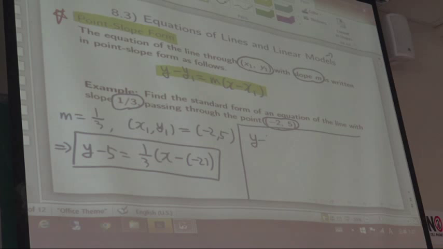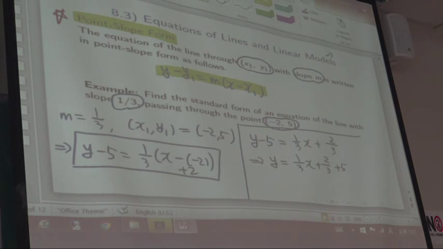So y minus 5 is, if we distribute, this makes a positive 2 inside. If we distribute the 1/3, then we have 1/3 x plus 2/3. And we can add 5 on both sides.